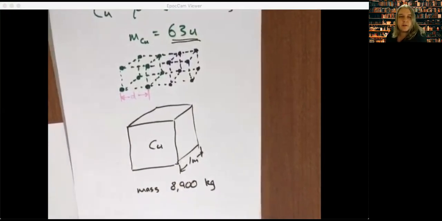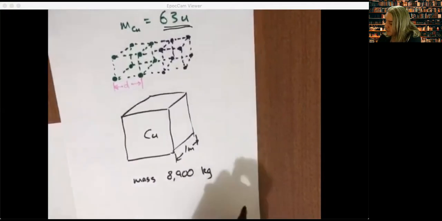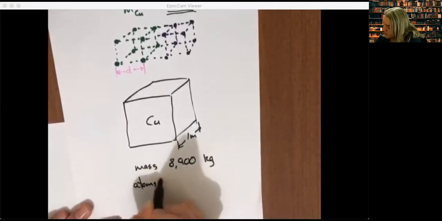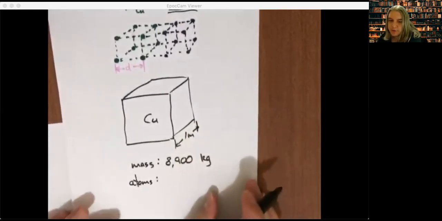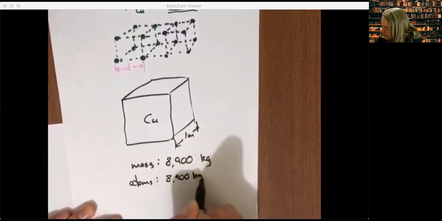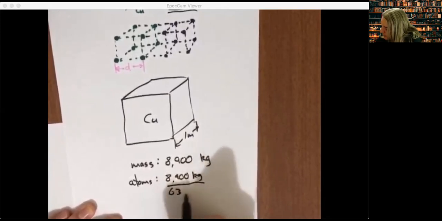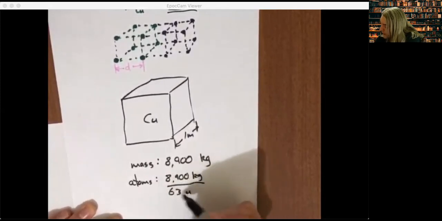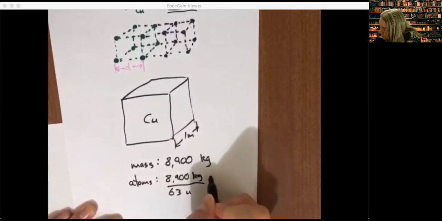If each atom has a mass of 63 atomic units, then to figure out how many copper atoms there are, we just have to take 8,900 kilograms and divide it by 63 u. We're saying we've got this much mass and each one weighs this much mass. That'll tell us how many copper atoms there are.